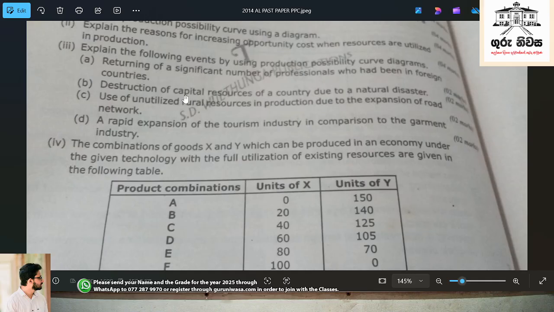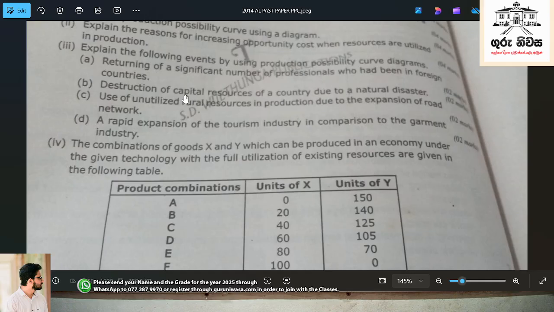First we check whether the given point affects the productivity of resources and factor endowment. Factor endowment means factors of production: land, labor, capital, entrepreneurship, in numbers. For example, the labor force, the number of workers in the country.